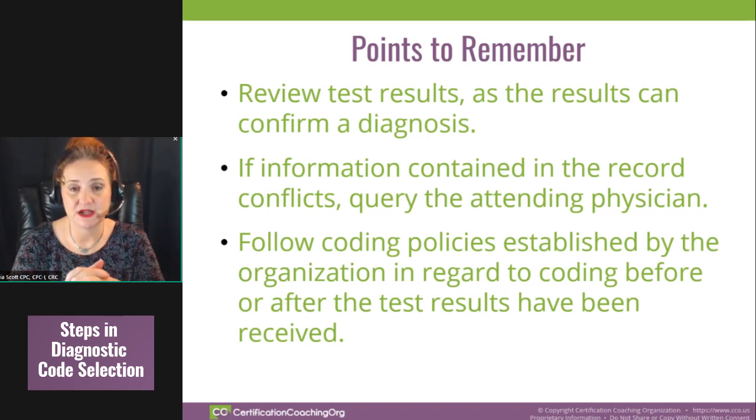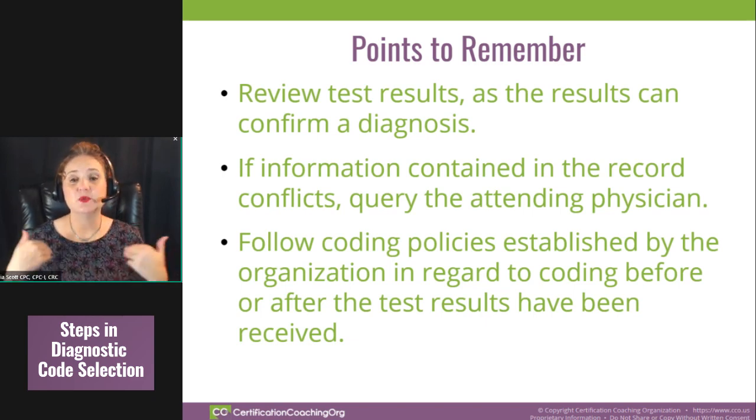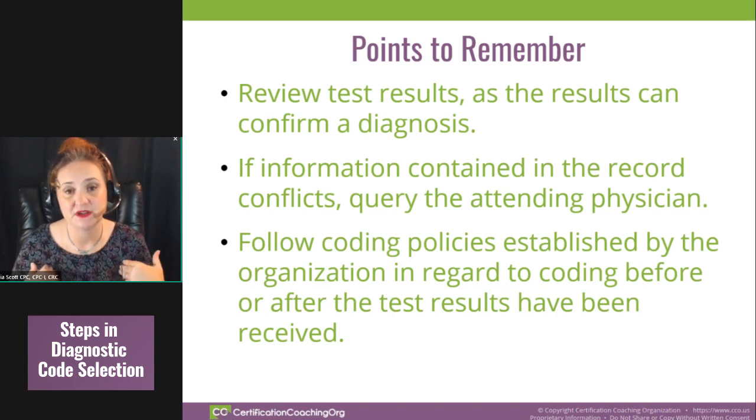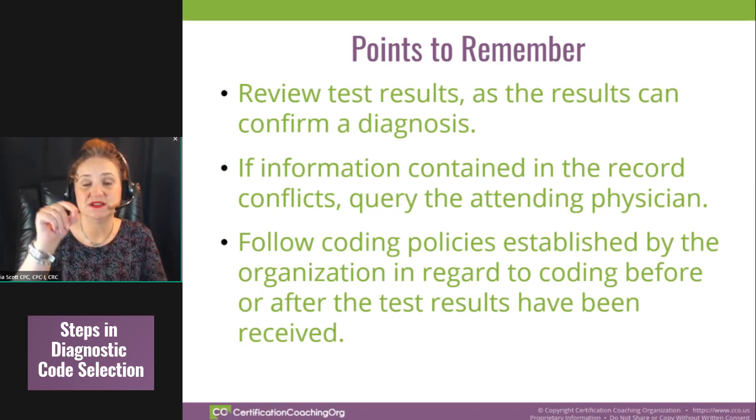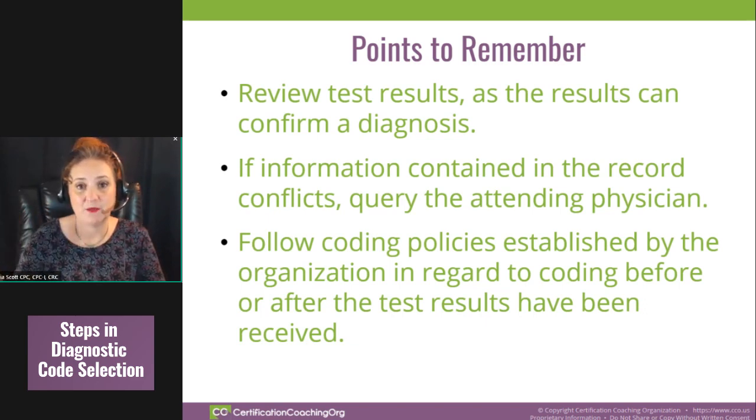That allows you to confirm diagnoses. If the information is conflicting, if you're not sure about anything, there's a process that we have called query. You query the provider, meaning more or less you just ask the provider, can you clarify this for me? But there is protocol in querying because we are not practitioners. Again, we're translators and liaisons. We cannot say, oh, did you mean to say that this patient is a type 1 diabetic?